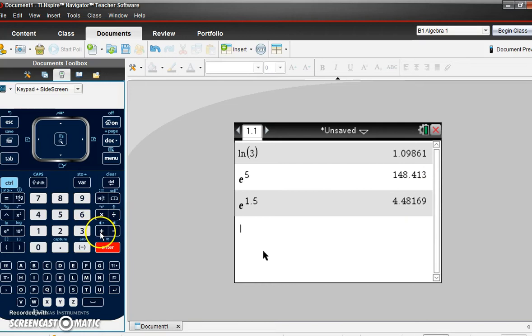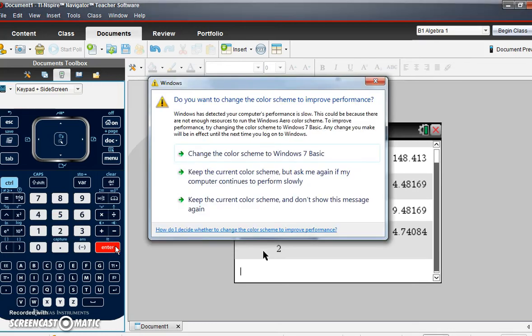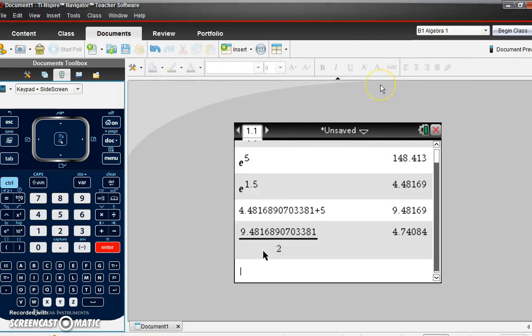I'm just going to put plus 5 and enter. And now I need to divide it by 2, so I'm going to divide by 2 and enter. And I get 4.741. I need to round that up for the answer, so 4.741.